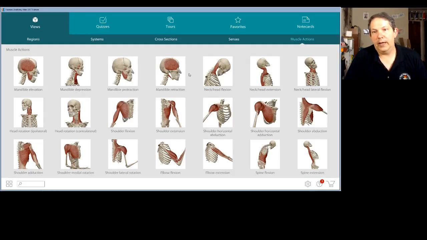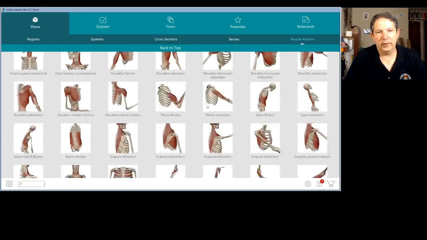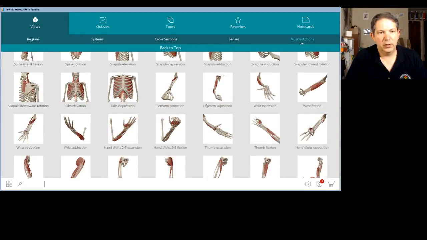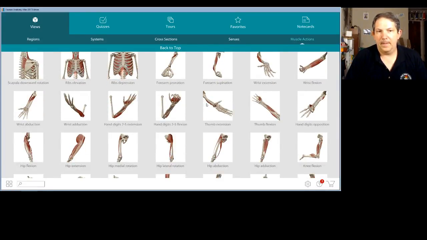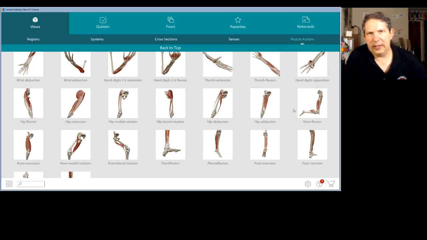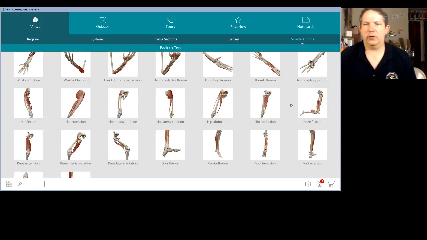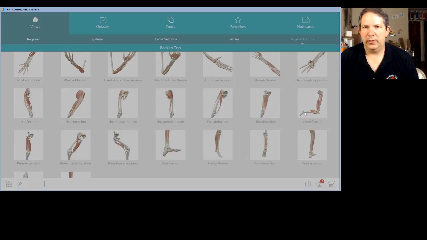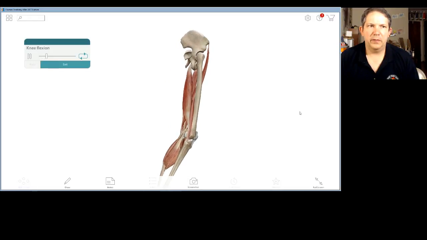Okay, I'm not going to go through every single motion, but just wanted to let you know that the muscle actions are animated, and I'd say do learn first the major ones, like flexing your knee.